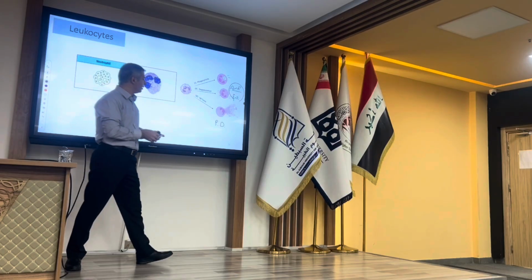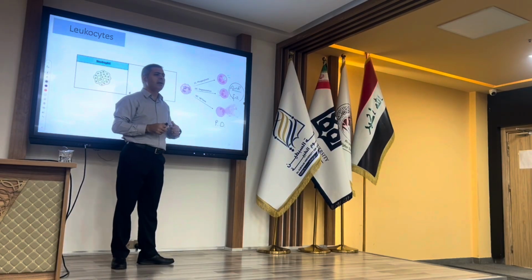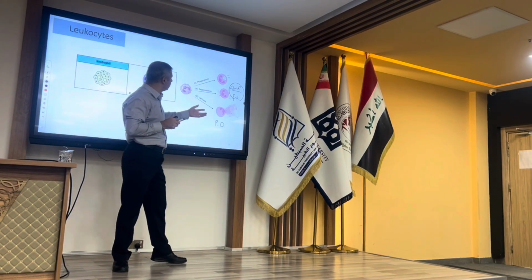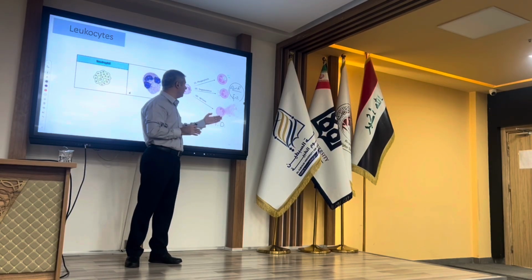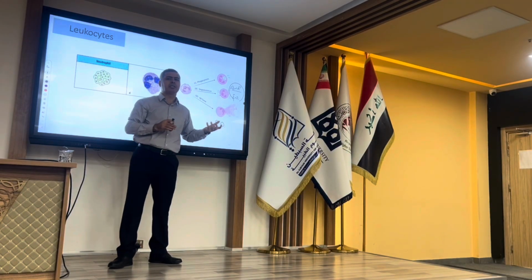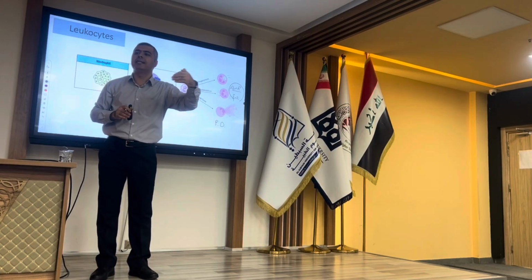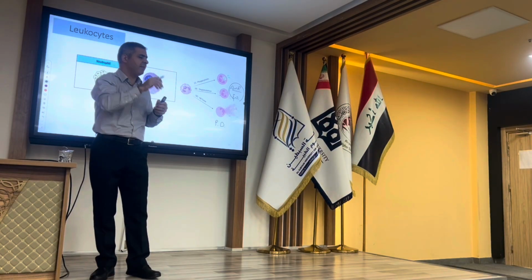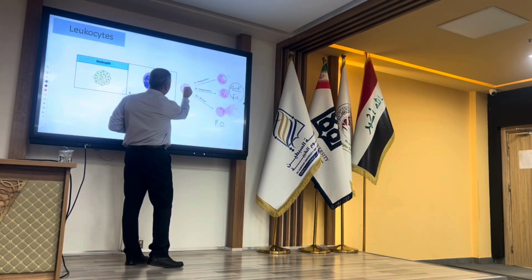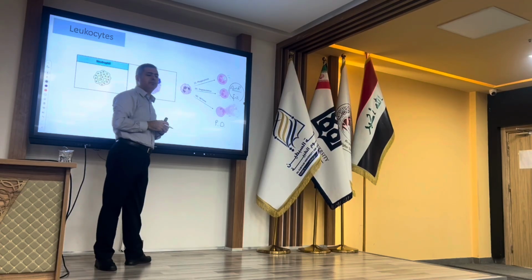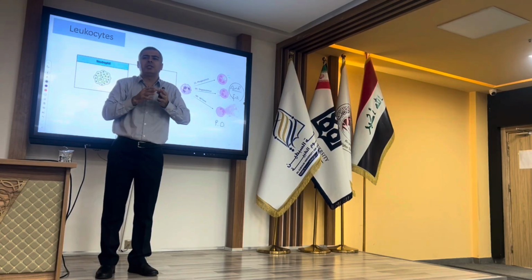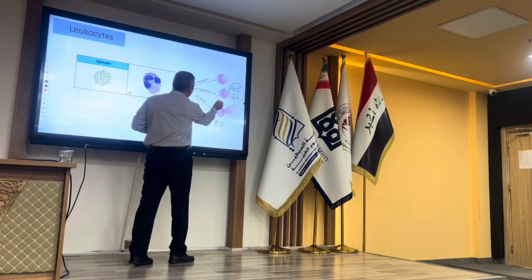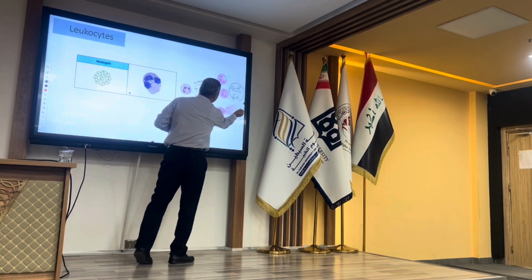Neutrophil dies in this function and releases all the contents of its granules besides nucleic acids. You know that we have nucleic acid inside the nucleus of the neutrophil. Neutrophil will release its nucleic acids alongside the content of granules and make a trap.